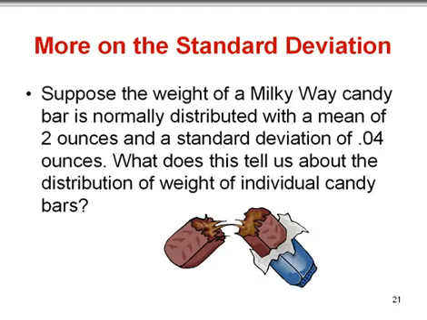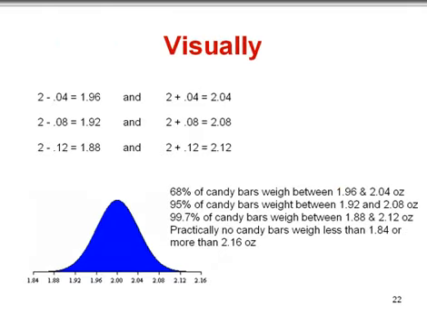Here's another example. Suppose the weight of a Milky Way candy bar is normally distributed with a mean of 2 ounces and a standard deviation of 0.04 ounces. What does the empirical rule tell us about the weights of individual Milky Way candy bars? We set up our bell-shaped curve to have a mean of 2 ounces.